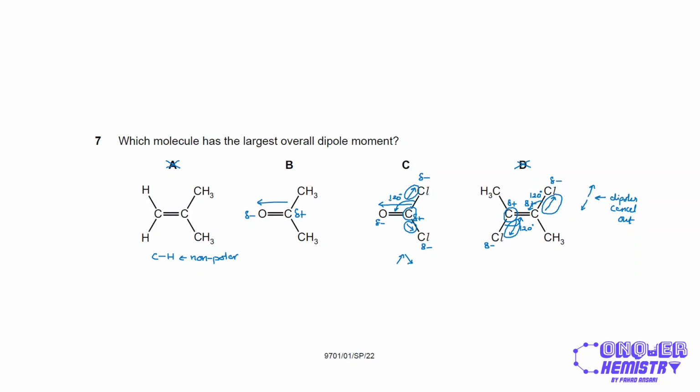And then I will finally place this vector that is larger than the other two, so I will have a vector sum that is equal to this small bit over here. And this is smaller than this dipole over here. This vector is much larger in magnitude, and so it's going to be option B that has the largest overall dipole moment.